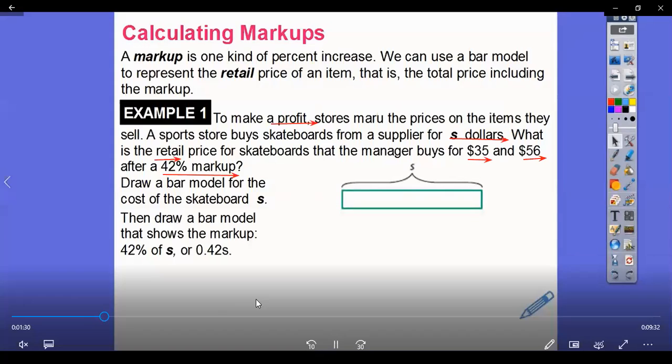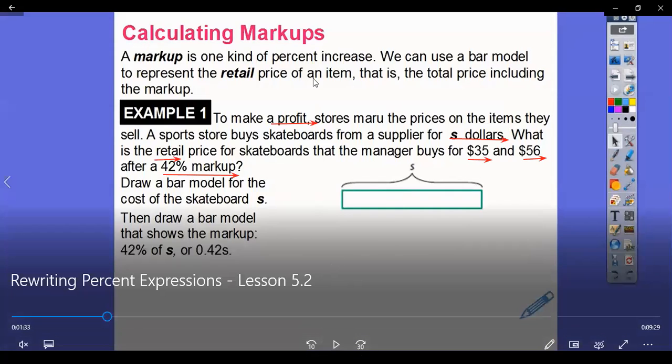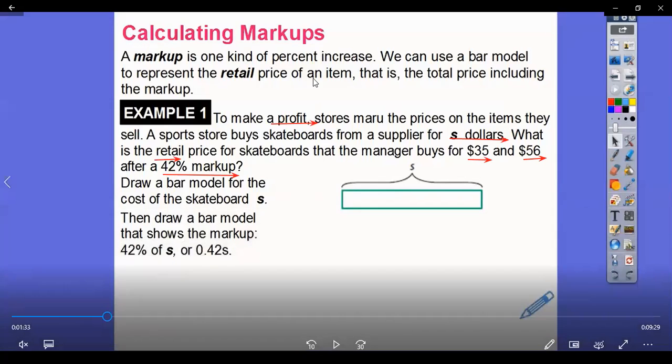We have 42%, right? Then 42%, we want to change it into decimal. So how are we going to change 42% into decimal form? Is there anyone who can tell me? 0.42. Yes, thank you. It's 42%.